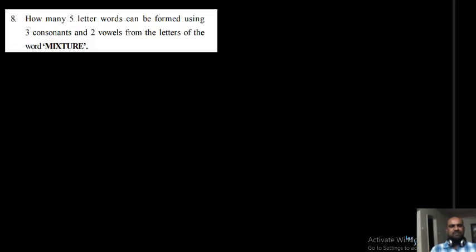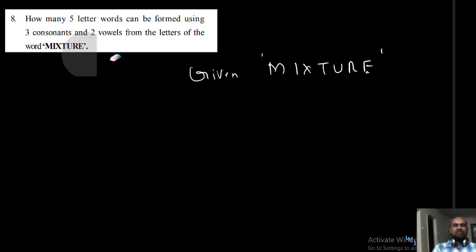Okay, next question students: how many 5-letter words can be formed by using 3 consonants and 2 vowels from the letters of the word MIXTURE? First of all, the given word, you need to write in capital letters.